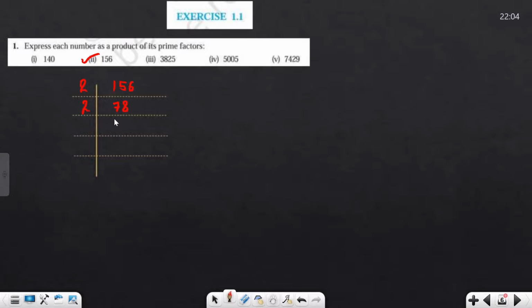Again divide by 2, what do we get? 39, and 39 divided by 3, we get 13, and 13 is a prime number, so 13 divided by 13. So the prime factorization of 156 is 2 into 2 into 3 into 13.